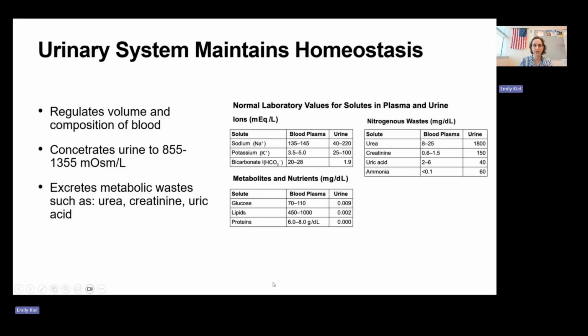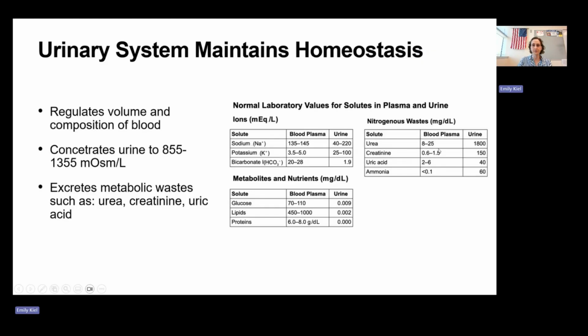When we look at the metabolites and nutrients, we have a specific plasma level, but the urine level is pretty constant, and there's not really a range there. It's the amount that the body is able to get rid of, and it's not really things you're wanting to get rid of. Those are things that are precious, and so you're going to try and keep them to low levels in the urine. If it's high, then we get worried.